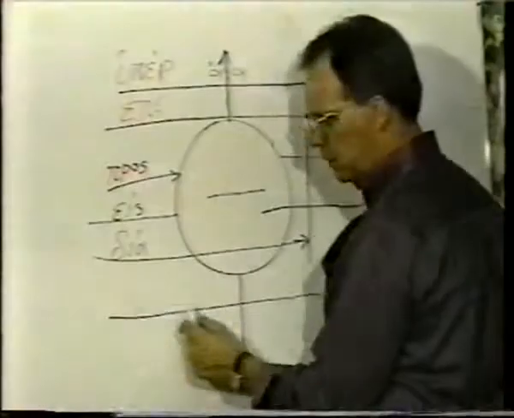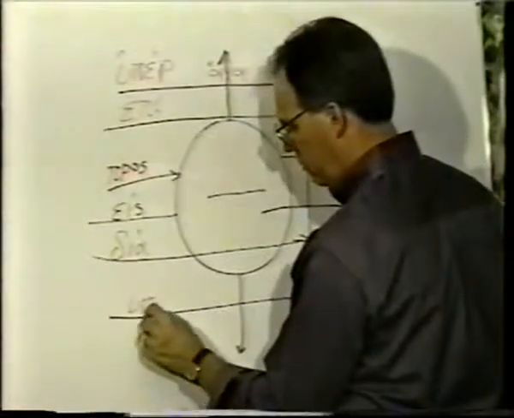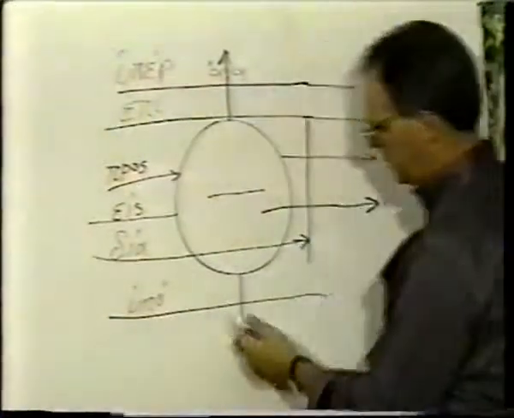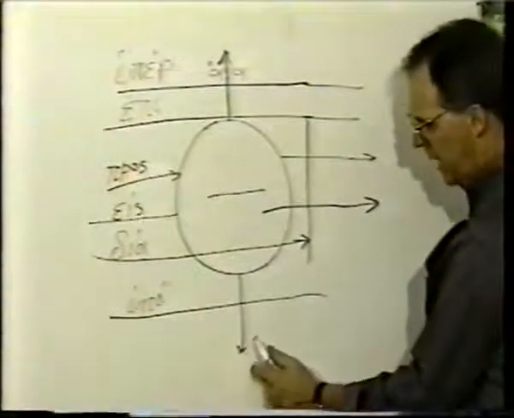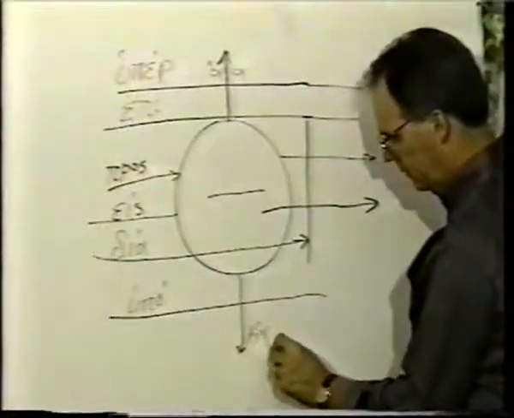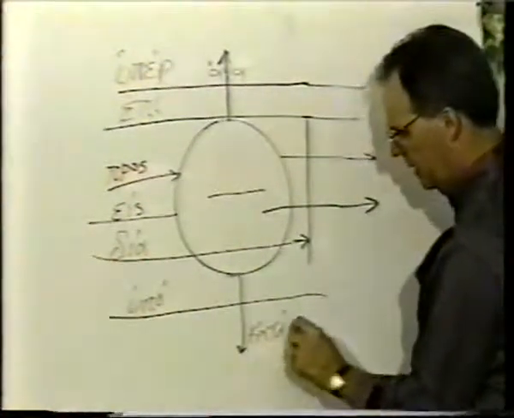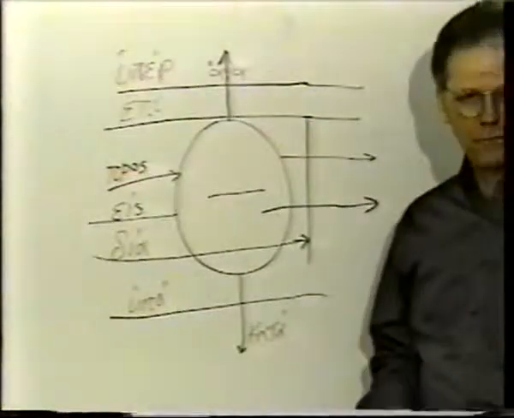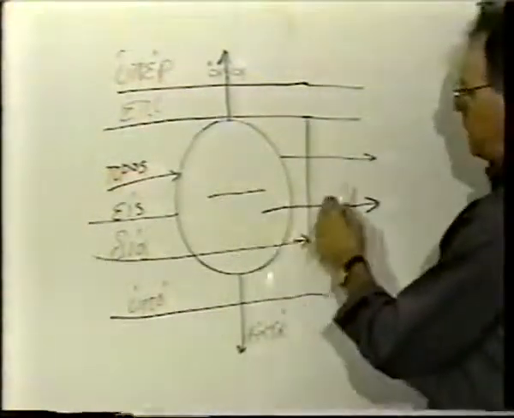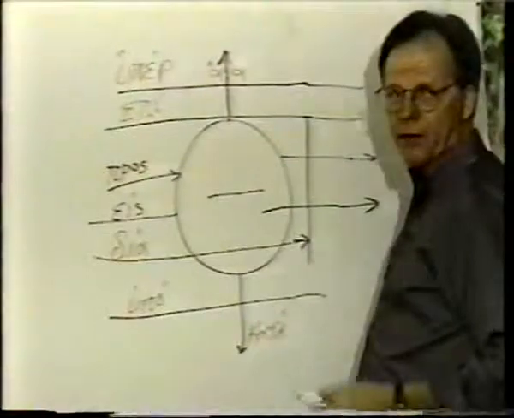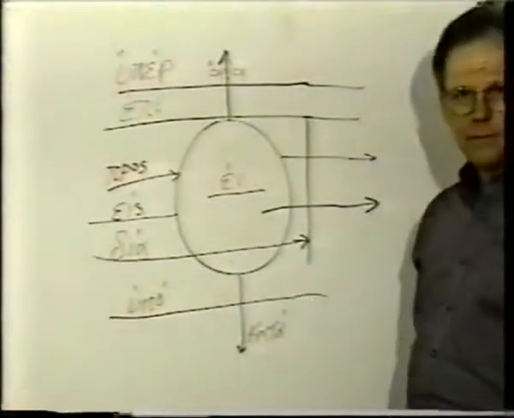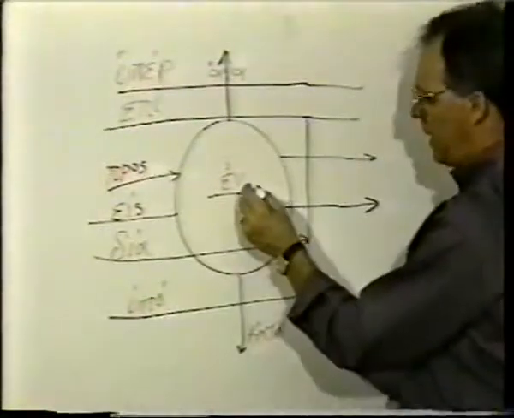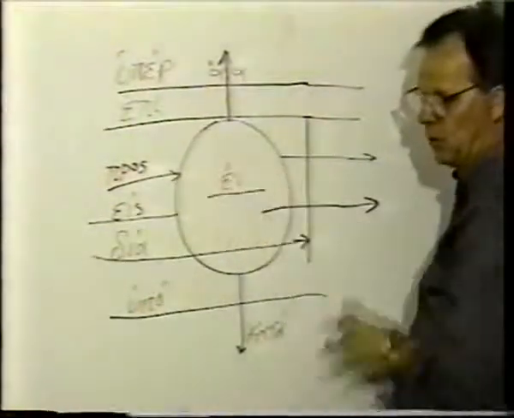This line on the bottom is hypo, which means under. This line is under, of course. This line going down is kata, which means down. Okay, let's go back to the center of our diagram, and we have here the preposition en, which means in, for it is inside the circle.